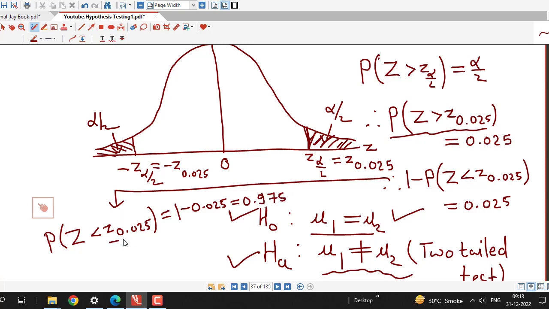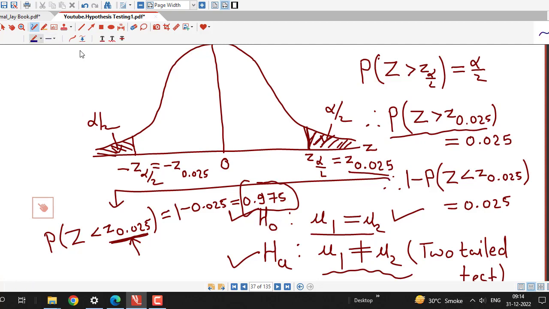So we will find from the cumulative standard normal probability table the value of z 0.025 such that the area to the left of this z 0.025 is 0.975.